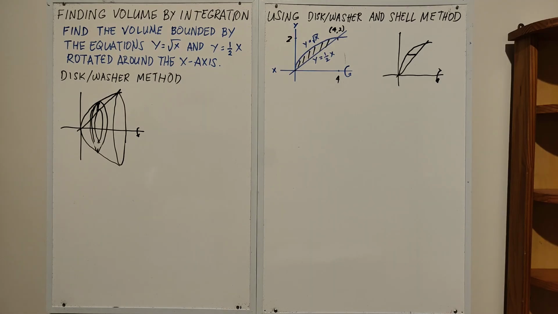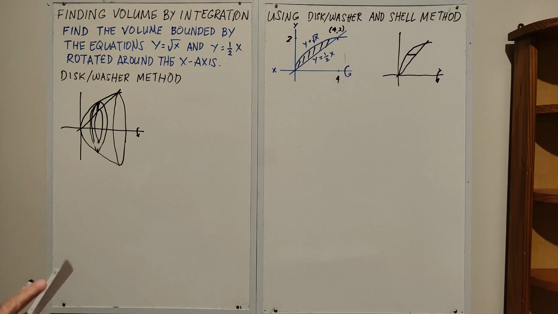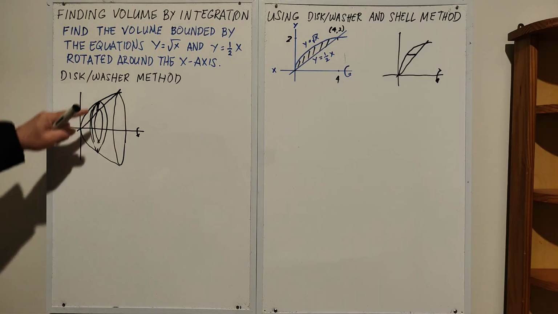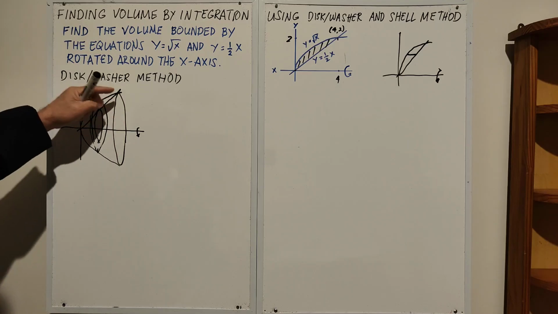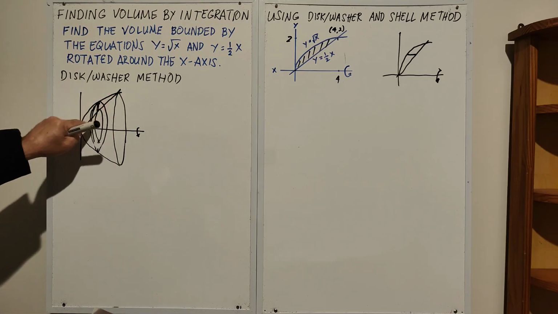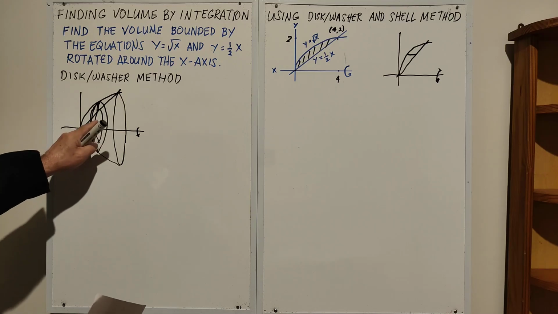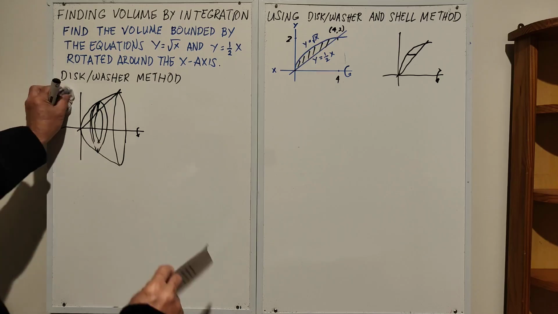Now we can proceed. Using the disc method, the easier way is to find the volume of that bullet-shaped solid, and then subtract the hollow part of this shape. We don't have enough space, so I'll just erase this one.